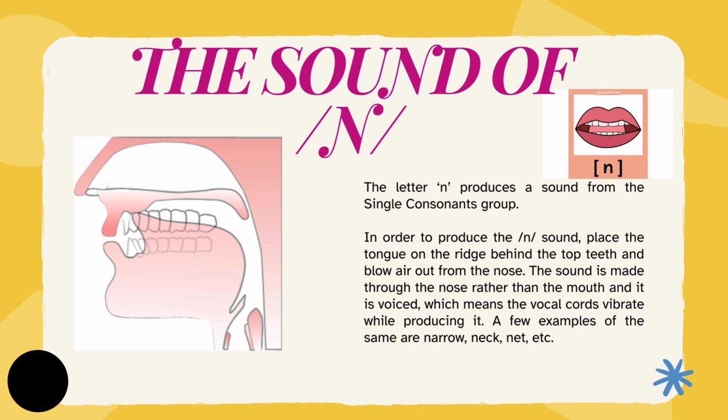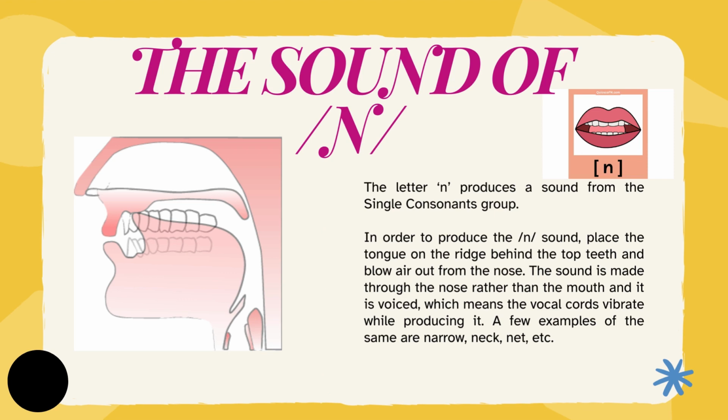A few examples are narrow, neck, net, etc. The N consonant sound has the same letter as its symbol, and it is made by moving air through the nasal passage. Your lips will be slightly parted, and the tongue touches the roof of your mouth just behind your teeth. You should feel a vibration in your nose.